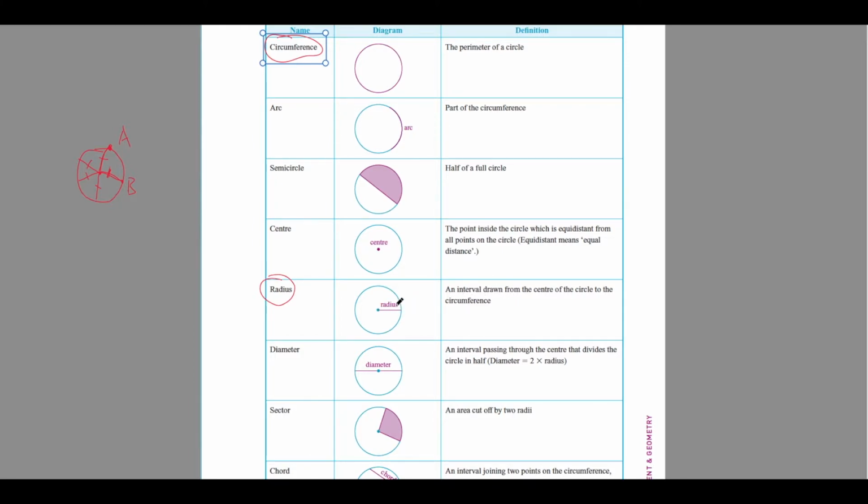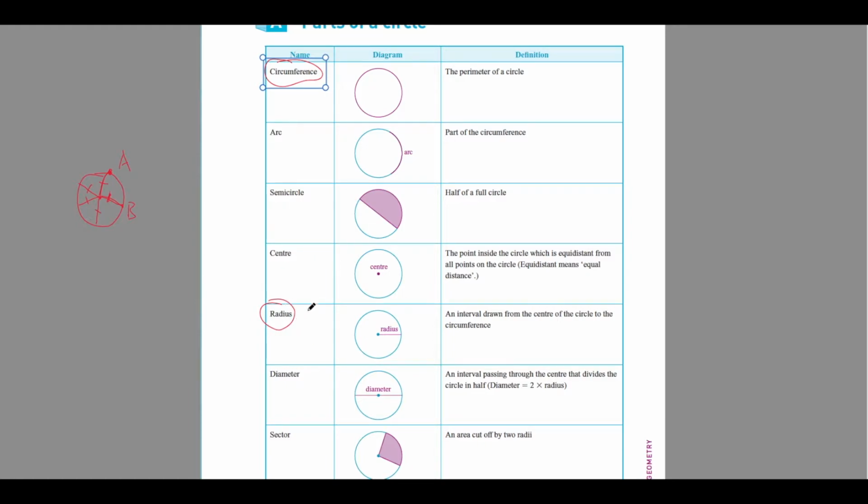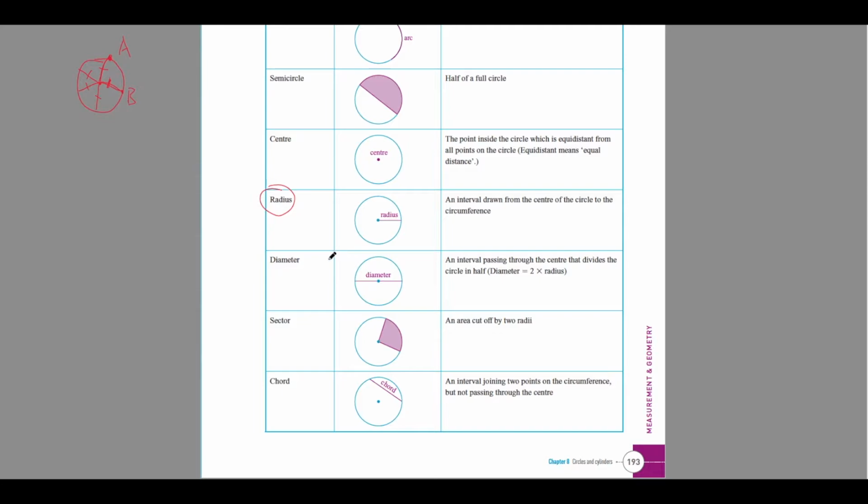So just remember, the ones that are circled are the important words: circumference, radius. Diameter is also an important word. Diameter is basically a line that passes through the center that divides a circle in half. So you see, you have a semicircle, right? Now this line that cuts the circle in half, that's called a diameter.